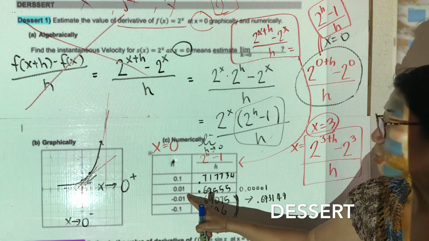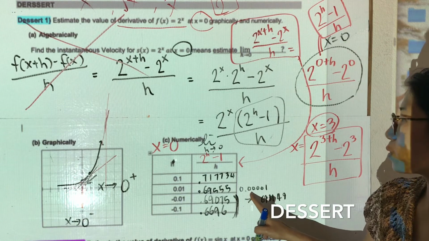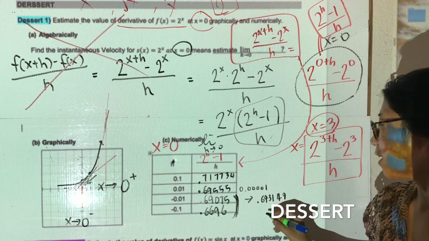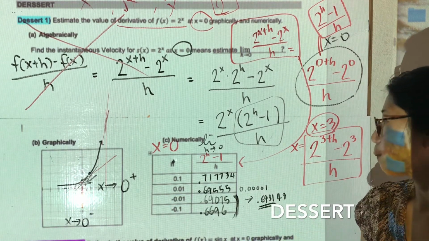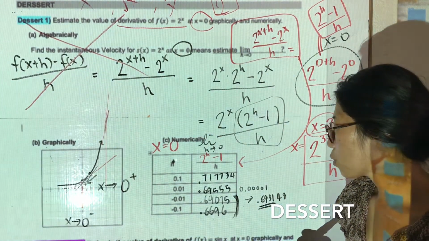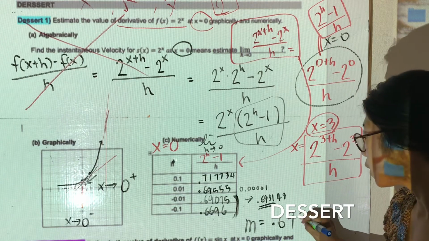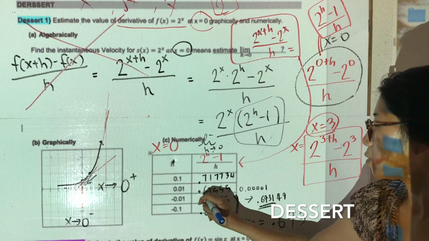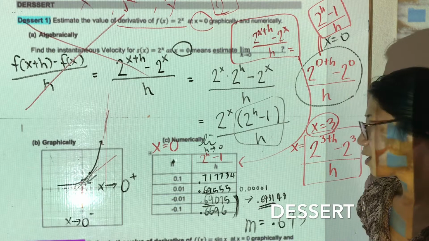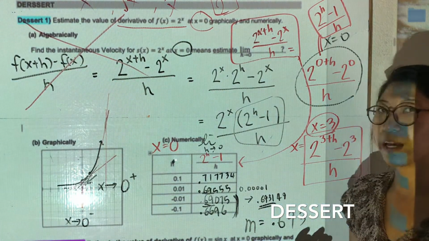So I want to actually have a little bit better number, so I plug in 0.00001. Then it shows me the slope looks like 0.693. So as you see, these numbers are getting closer. And do you guys see, I'm going to relate it to AI.